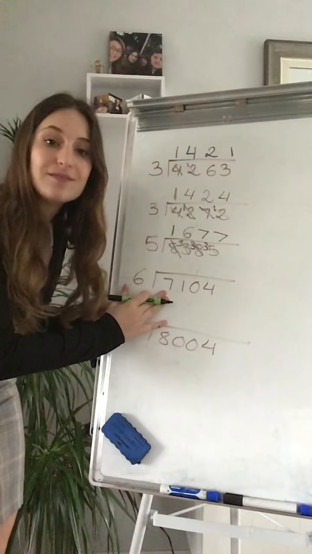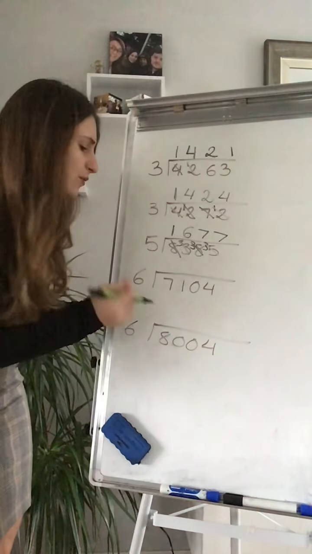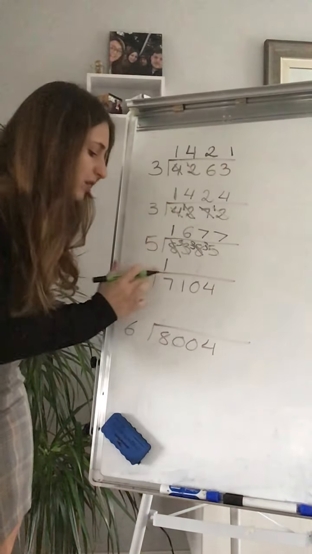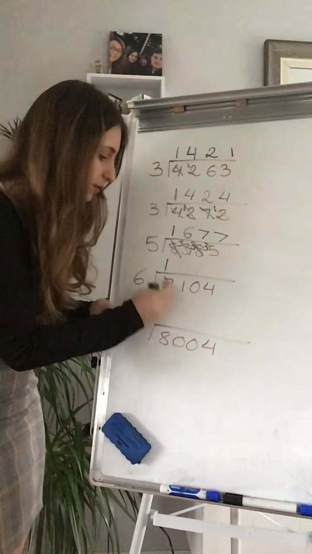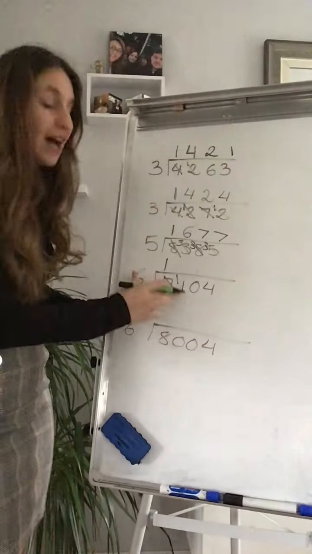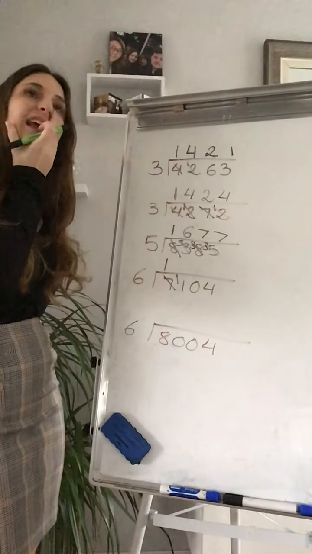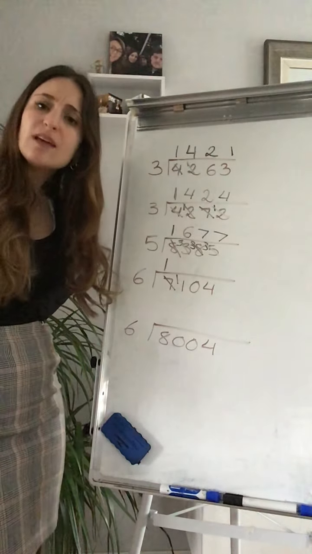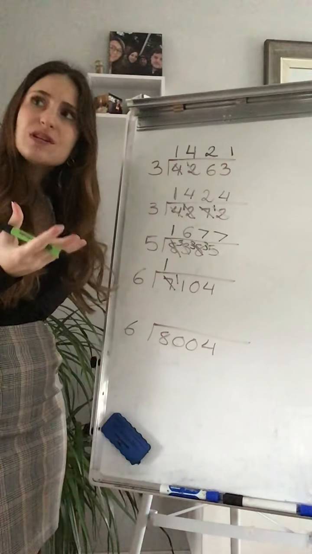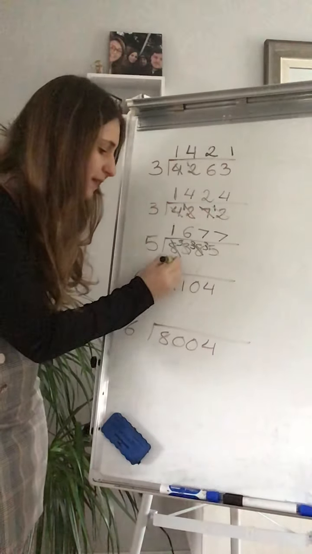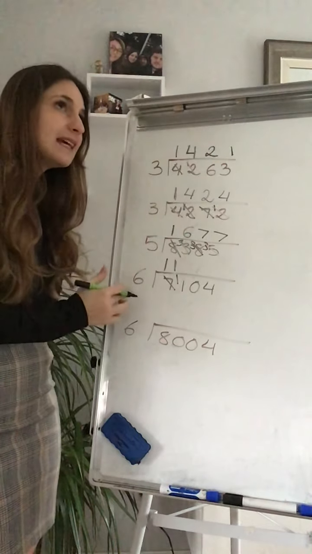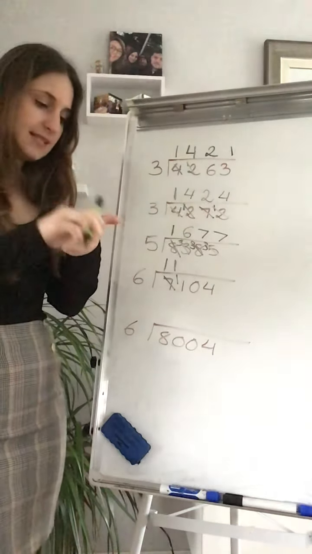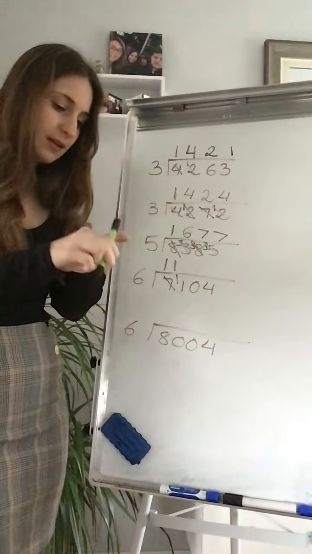Let's go for my next one. I have 7 divided by 6. Well, my closest one is 6. So 1 times 6 is 6. To 7, 6, 7, 1. I carry that one, and now it's an 11. 11 on my 6 timetable? How annoying! I could get 12. So the closest one again is going to be 6. 1 times 6 is 6. So let's go to 11. 7, 8, 9, 10, 11, 5.